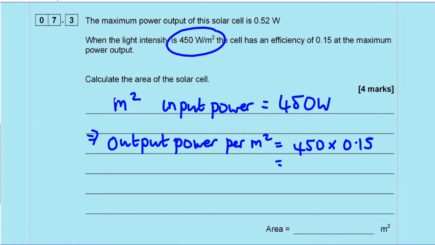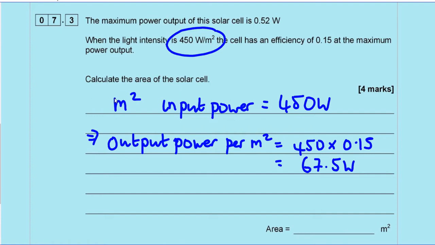Okay, so per square meter of solar cell, 450 watts are going in, and 0.15 of that is coming out. So 450 times 0.15, I am going to be getting out 67.5 watts for every 450 watts that go in. Okay, so that's per meter.